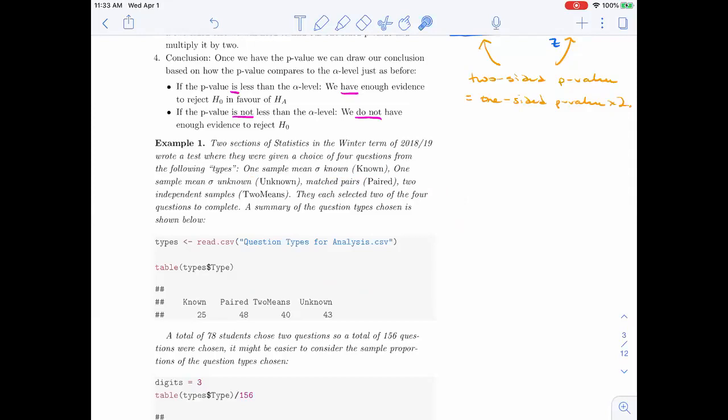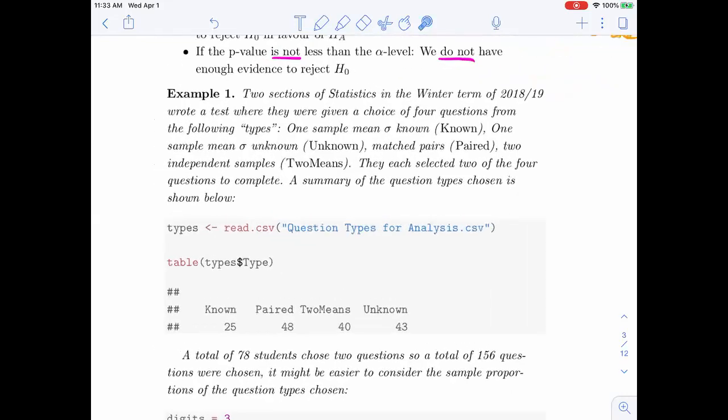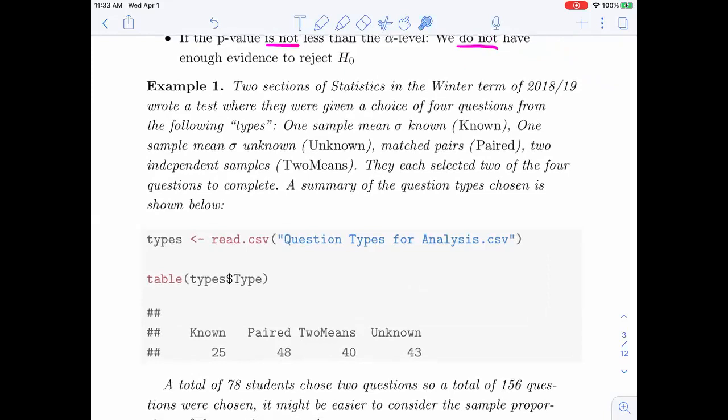Not really an experiment though. Anyway, they're given a choice from 4 types of questions. These are all means questions that we've covered, chapter 7, and then 8.1, 8.2, and 8.3. They each selected 2 of the 4 questions to complete.